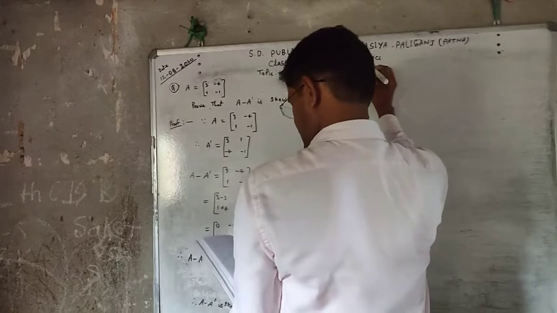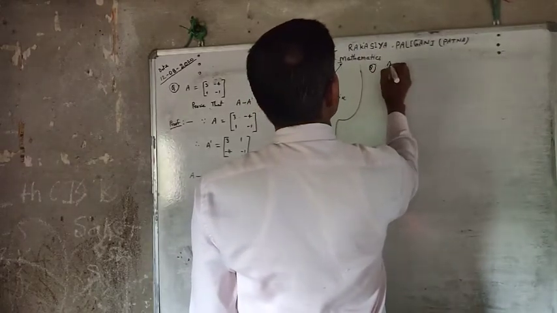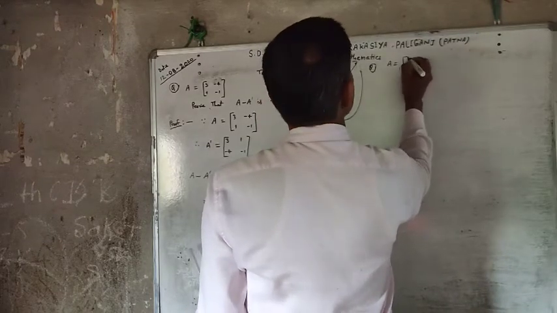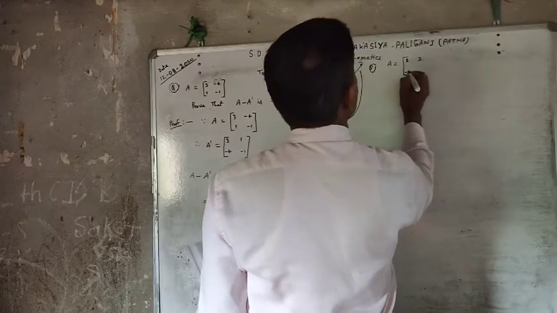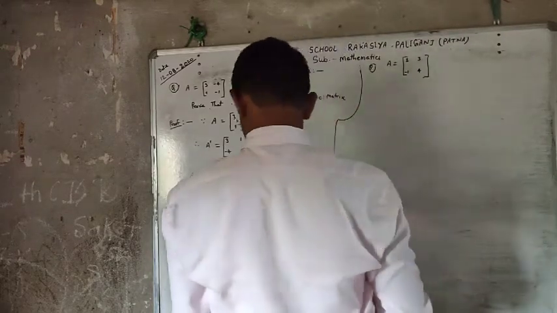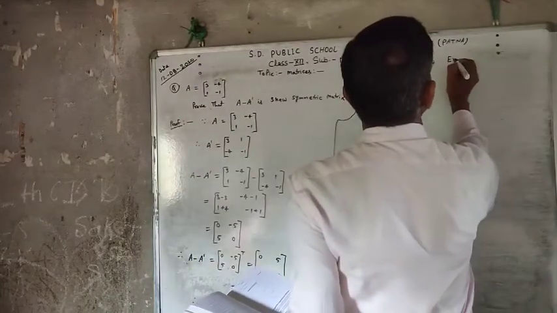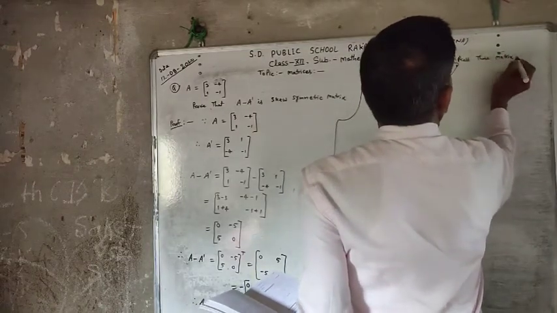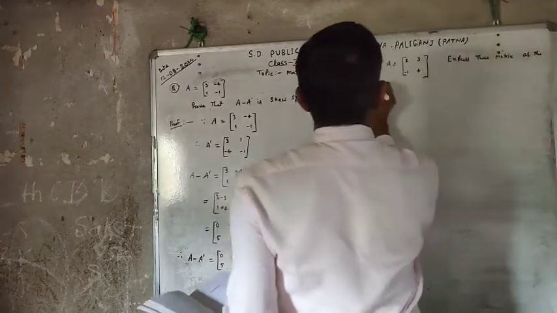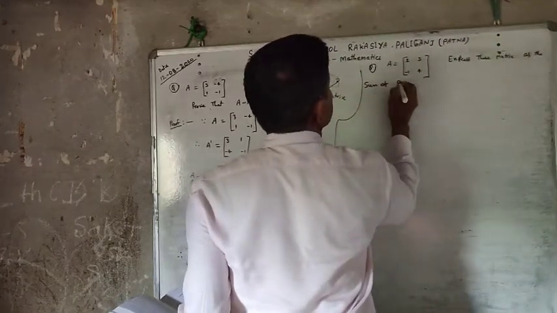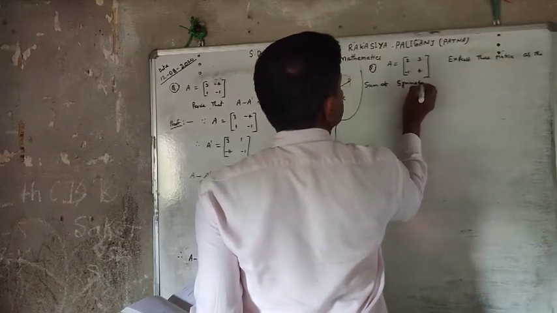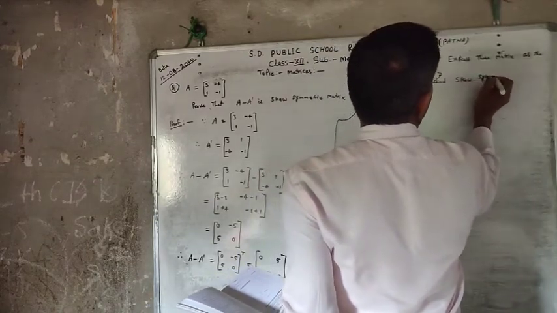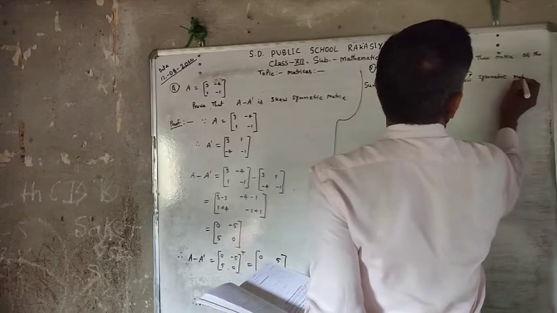Suppose a question is given: if A is the matrix with elements 2, 3 and minus 1, 4, express this matrix as the sum of a symmetric and a skew symmetric matrix.